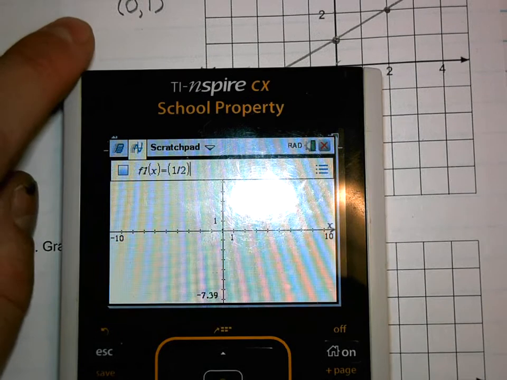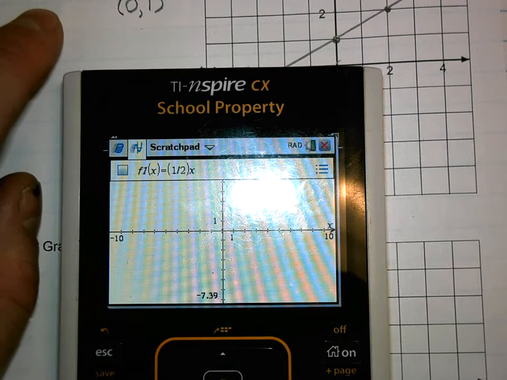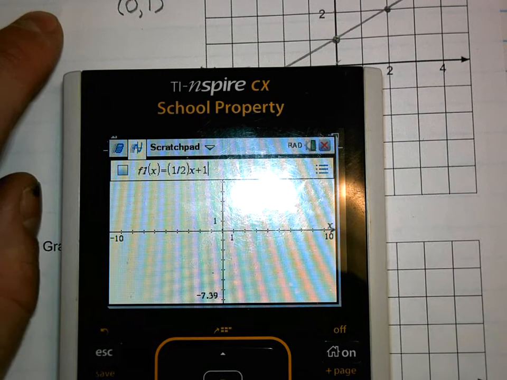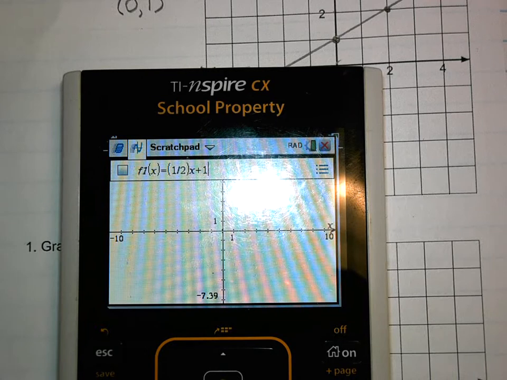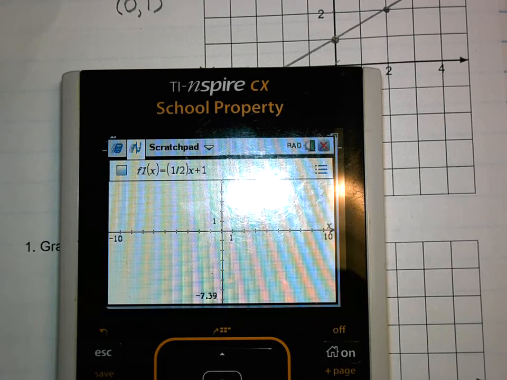The only thing you've got to remember is if you've got fractions, put them in parentheses. If you don't, invariably the calculator will do its own thing. Everyone got it? Then hit enter.